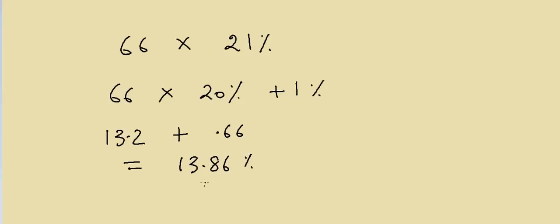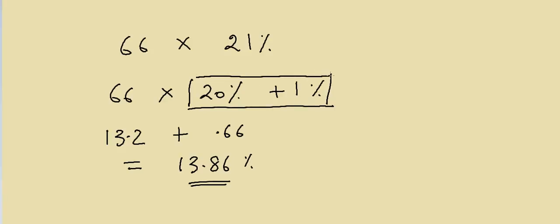Now mind you that right now we are splitting the percentage, right? We don't always have to split the percentages, we can also split the number itself. So let me do it this way. 60 plus 6, multiplied by 21%, right?